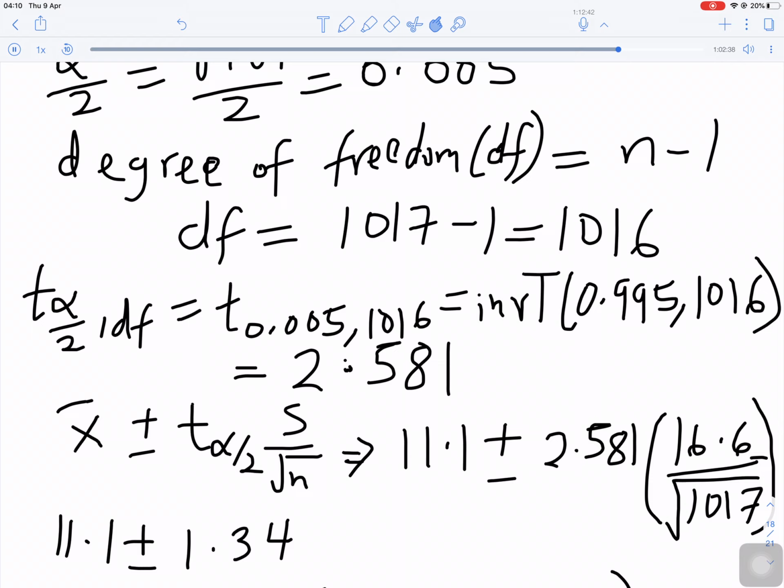Now the information we had before was the area to the right, which is 0.005. So area to the left must be 0.995, and then the degree of freedom is 1016. Remember, degree of freedom is the sample size minus 1. Therefore, our critical value is 2.581.